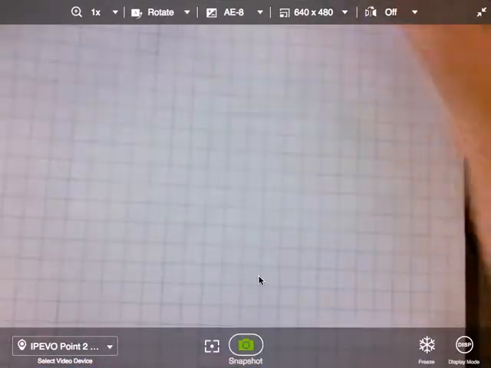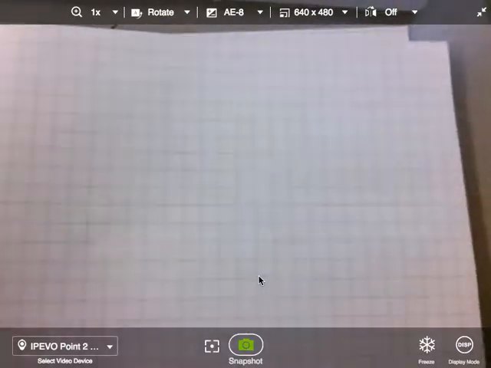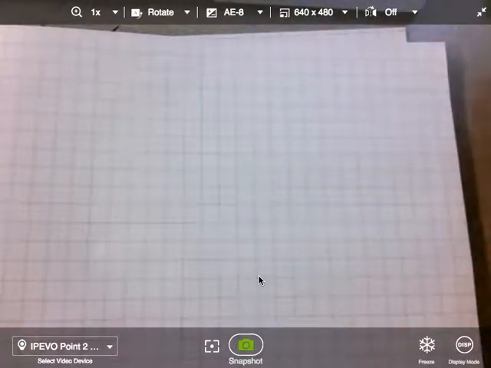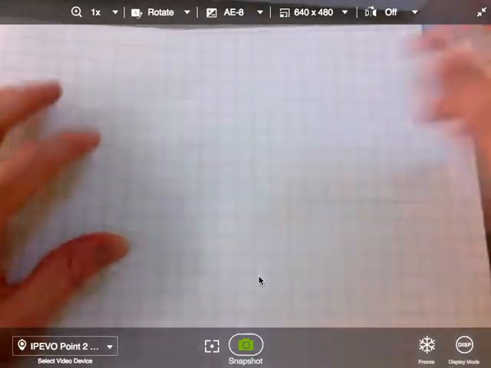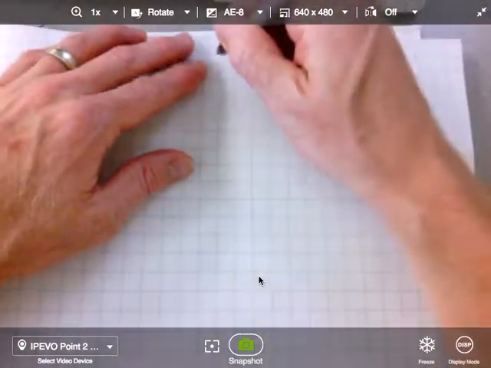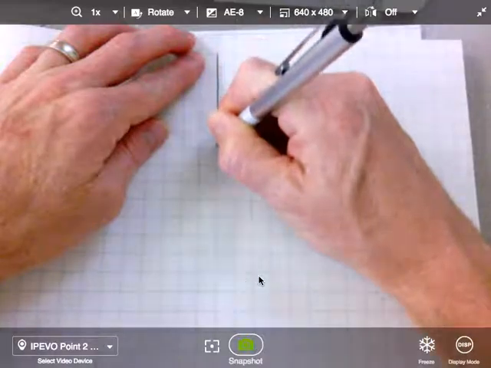Okay, so this is going to be our first lesson on rotation. Once again, we're going to make our Cartesian planes, which you are very good at doing at this point.